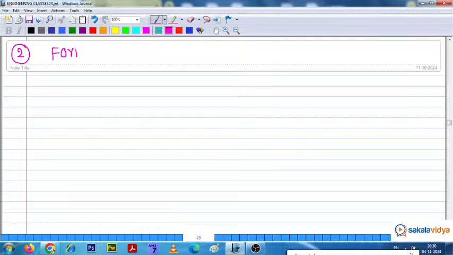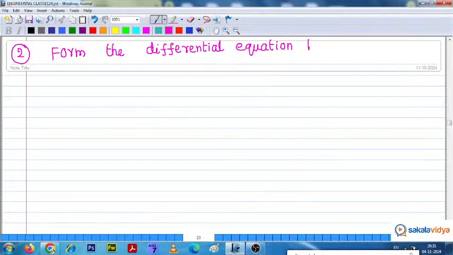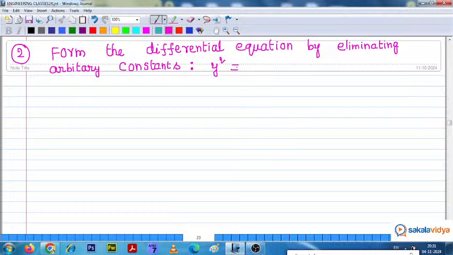Form the differential equation by eliminating arbitrary constants: y square is equal to x minus c whole cube.